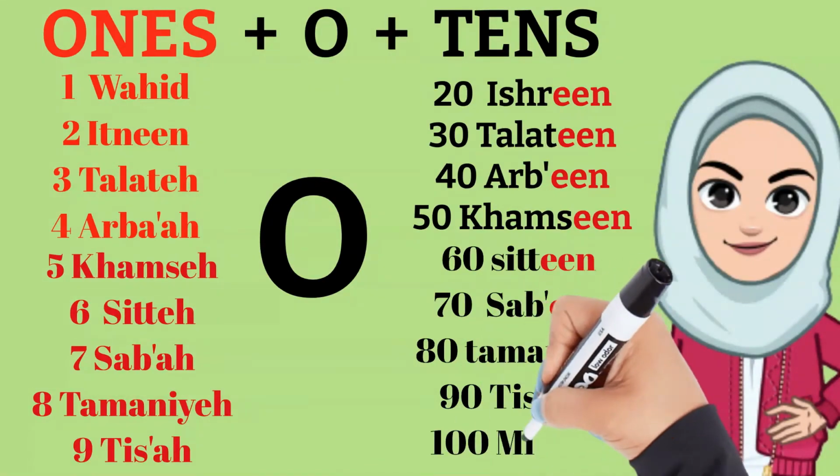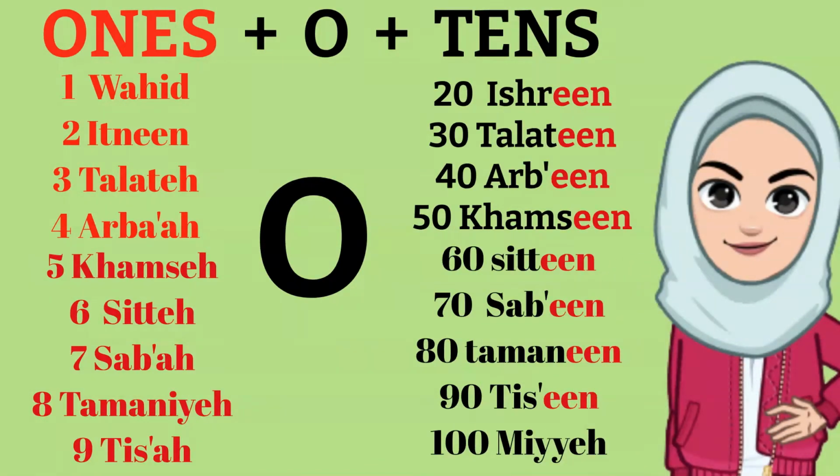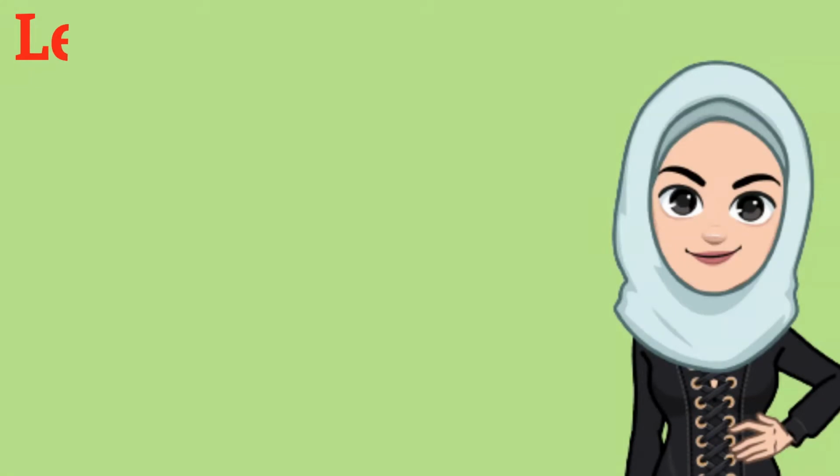Combine them together. That makes the number combination. We start with ones, و, followed by the tens. Let's practice.